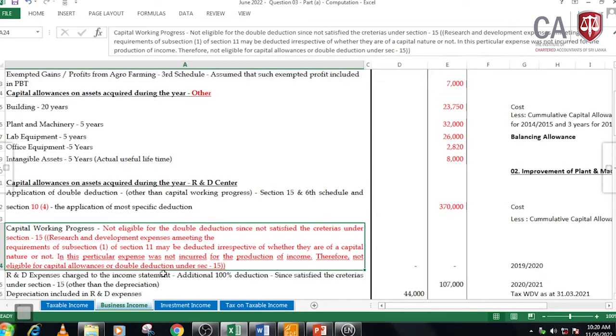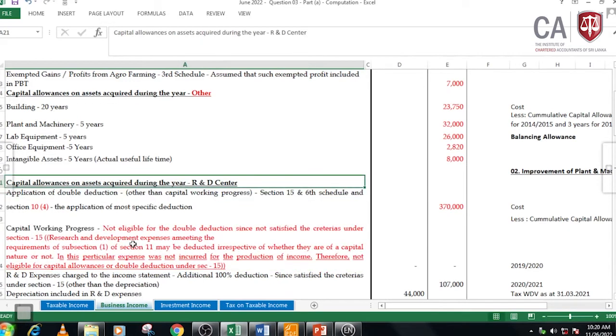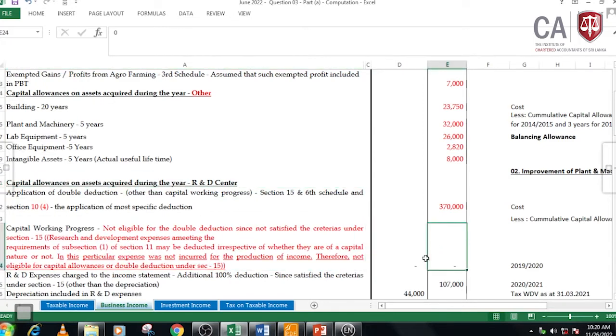In this particular expense, it was incurred for the production of income. Now the question is this, the working capital. It is in the capital work in progress, WIP, it is not used for the production of income, then therefore that cost we cannot deduct. That's why a note has been given.